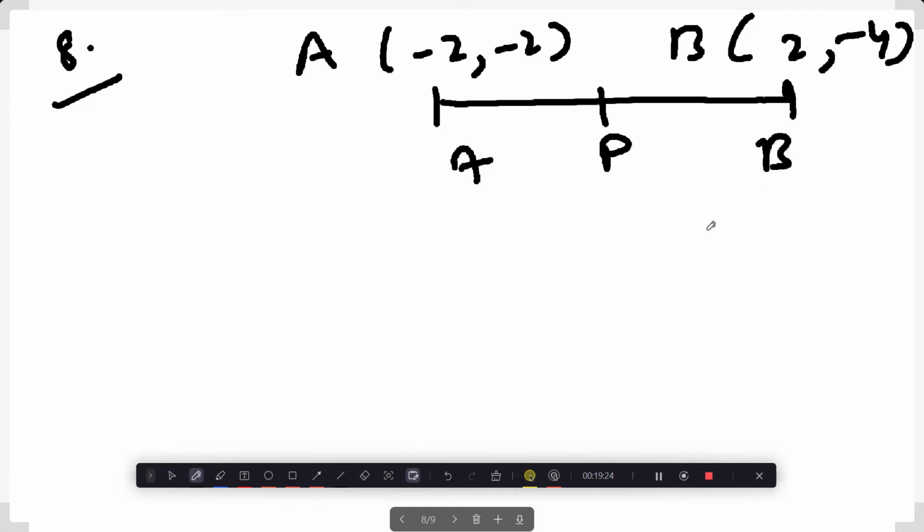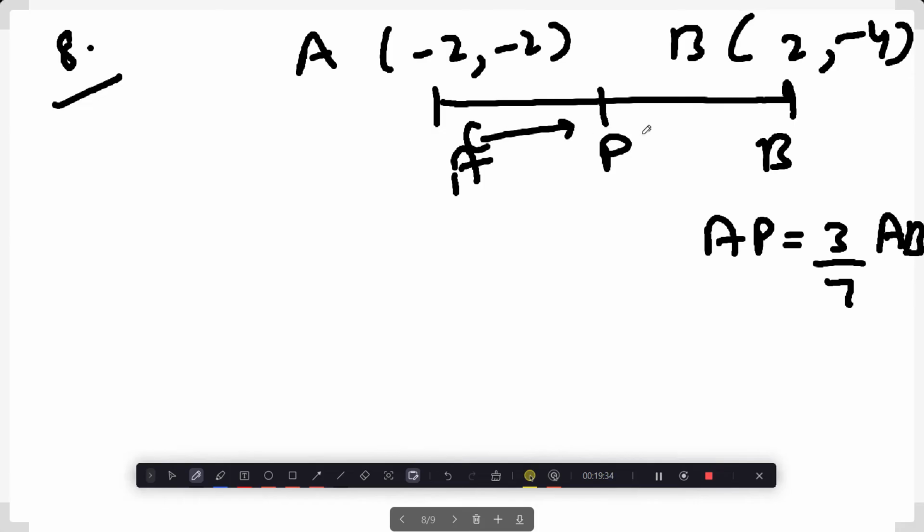This is AP. So the question is saying AP is 3/7 AB, right? So we need to actually, हमारा जो section formula है उसमें ये ratio पता होता है हमें AP by PB का.